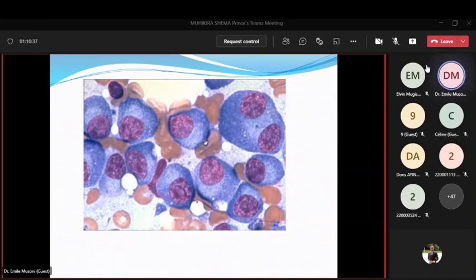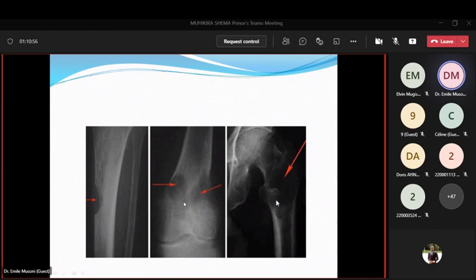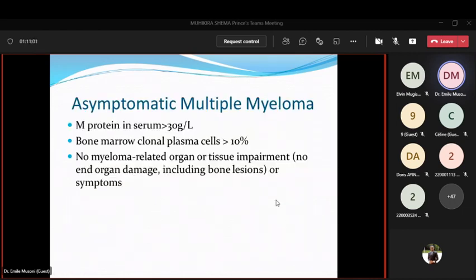On the image, radiologically you see some lytic regions of the bone. In that case, in elderly people, you can think it is multiple myeloma. There is also asymptomatic multiple myeloma, where the M protein is more than 30 grams per liter and bone marrow monoclonal plasma cells are increased by more than 10%.